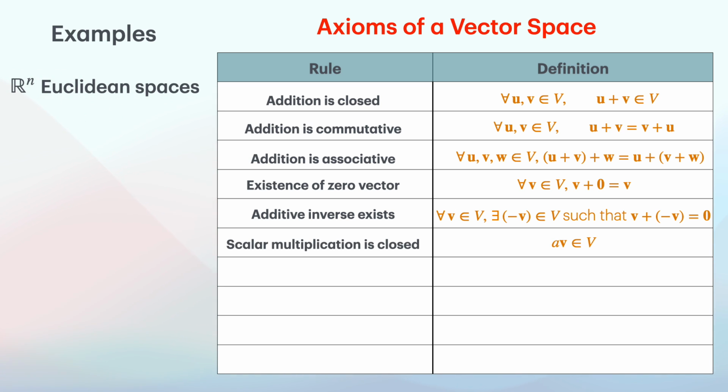Closure under scalar multiplication. If you multiply any vector by a number, the result is still a vector in the same space. The space is closed under scaling. Any scaled vector stays inside the space. Distributivity of scalar multiplication over vector addition.